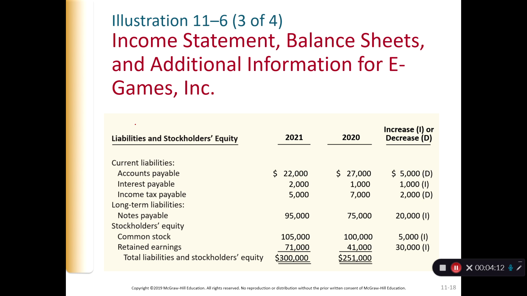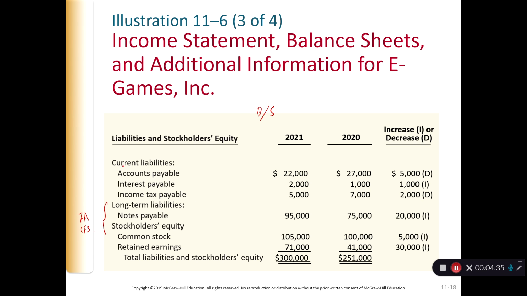Continuing, we can see in the liability and stockholder equity section of the balance sheet of eGames, we also notate which line item is increasing or decreasing: current liability, long-term liability, and stockholder equity. And we know that only these 2 sections contribute to the financing activity of the cash flow statement, right?